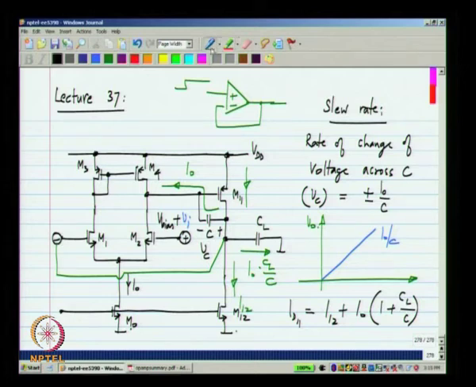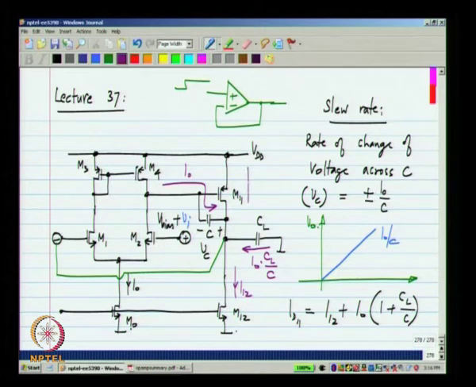Now, let us see what happens in the other direction. Let us say that is I naught, and that is I naught CL by C. And this is some I12.